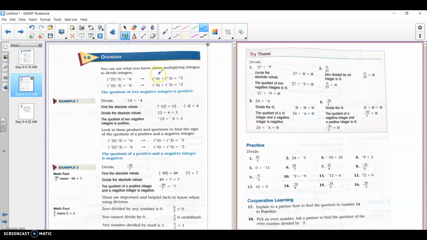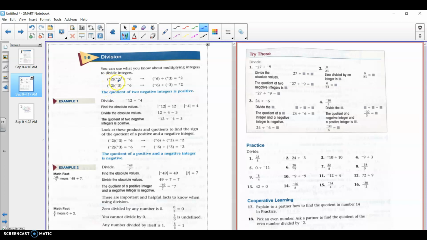So now you're going to take positive 6, divide, that's a division symbol right there, not a plus, by a positive 3, and it's the same sign, so you're going to get a positive answer of 2.